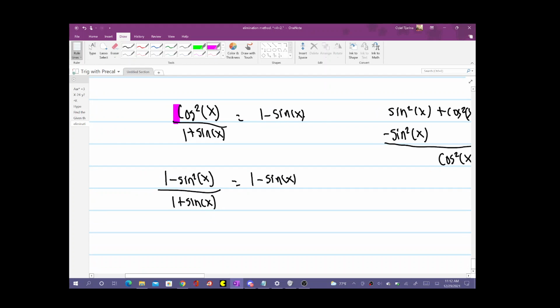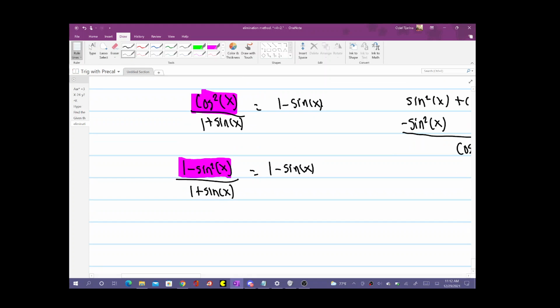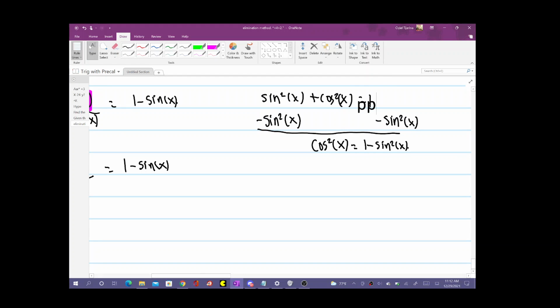You're going to plug this in here, okay? So that is why I put here 1 minus sine squared of x. Remember that 1 minus u squared, or really, sorry about that, guys. My dog keeps barking.